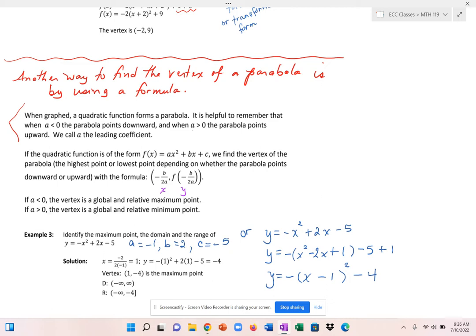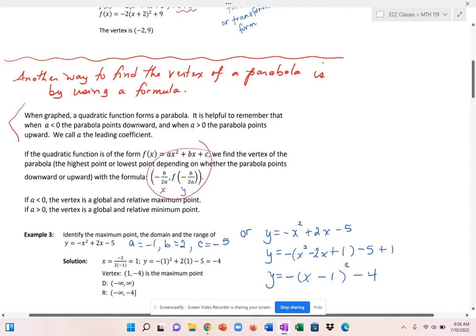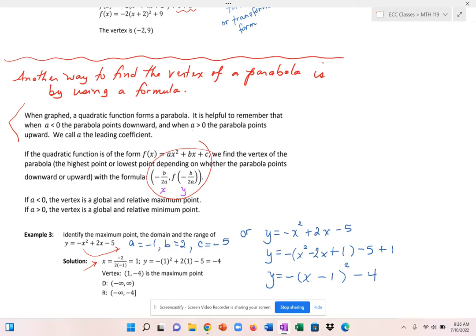So I'm going to apply this formula right here. My a is negative 1, my b is 2, and my c is the constant negative 5. You only need a and b for the formula. The x-coordinate of the vertex will be negative b, so negative 2, over 2a, which is 2 times negative 1. That works out to be just 1.